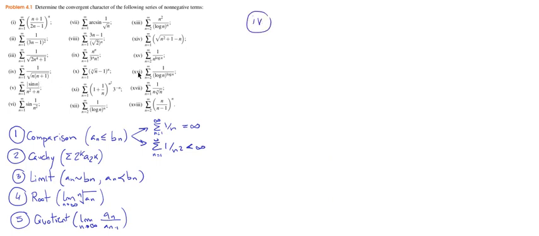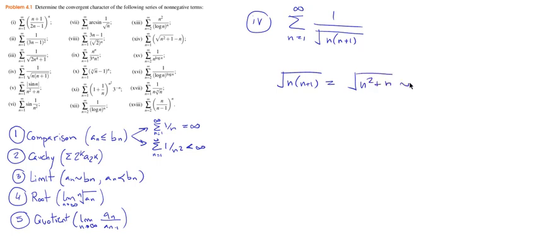4. The sum from n equals 1 to infinity of 1 over the square root of n times (n plus 1). That's it. Again, let's see. The square root of n times (n plus 1) is equal to the square root of n squared plus n, which is asymptotically equivalent to the square root of n squared, which is equal to n.